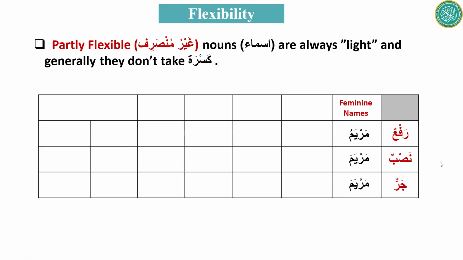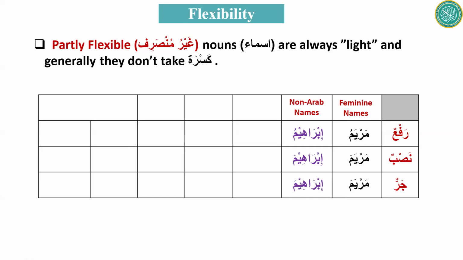So all feminine names, and non-Arab names like Ibrahimu, Ibrahima, Ibrahima. It will not be Ibrahimun or Ibrahimi. Among prophets, Muhammad sallallahu alaihi wasallam, Shuaib, Saleh, Hud, Nuh, Lut, these names are fully flexible.